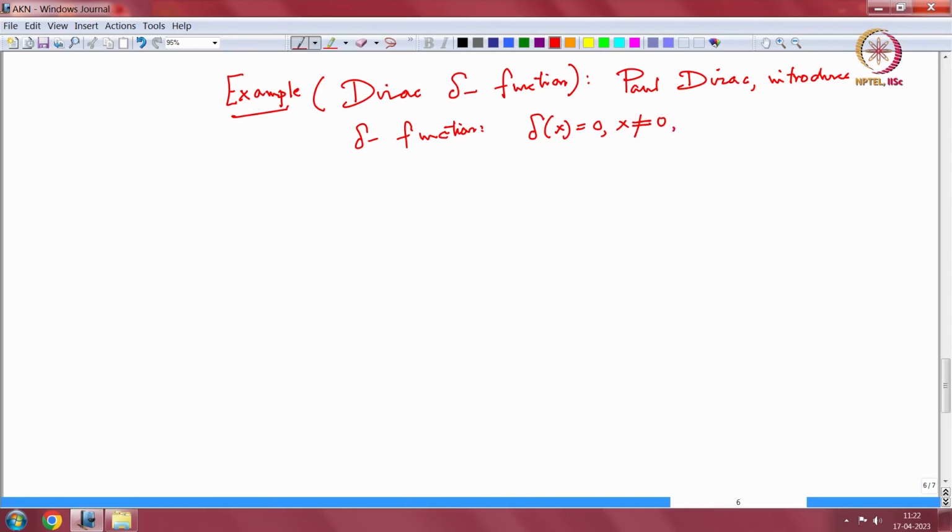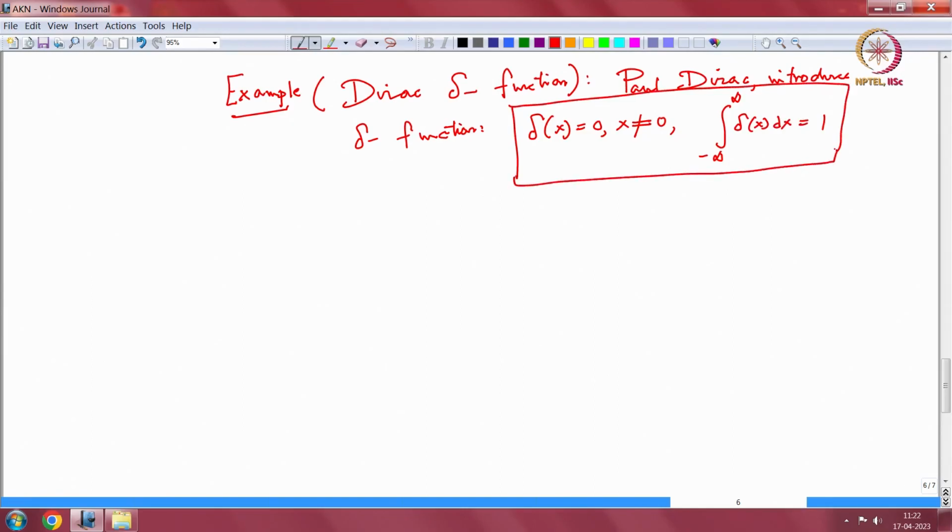At the same time, he wants the integral from minus infinity to infinity of delta of x dx to be 1. So, he wanted two properties to be satisfied. It is a very important example and you should understand it properly. In fact, he wanted more.